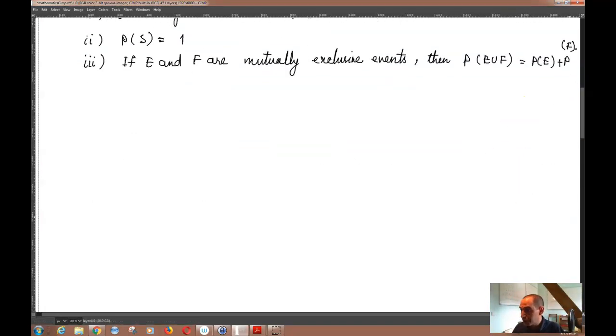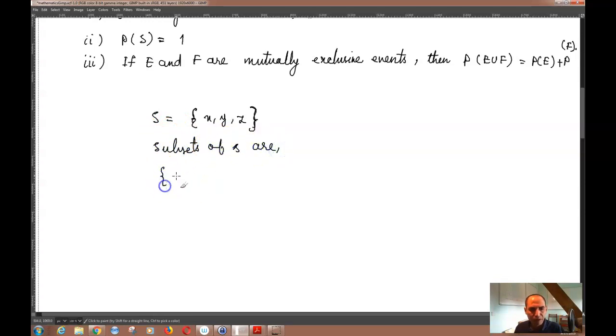So again, coming back to the same set that we had here, suppose you have some set S equal to X, Y, and Z. So the subsets of S are basically all of these sets. First of all, you could have the empty set.